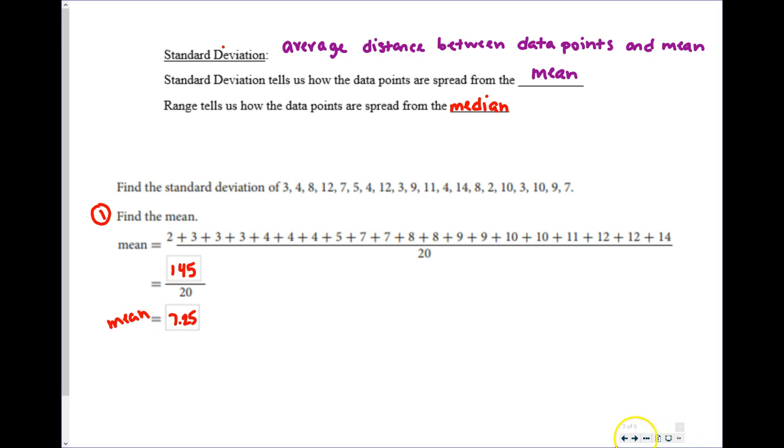Okay, first step, mean. The next step is this really terrifying table. Standard deviation always requires a big table because you're going to have to find a lot of little values. Remember, you're finding distance from the mean. So in this column are all my data values.